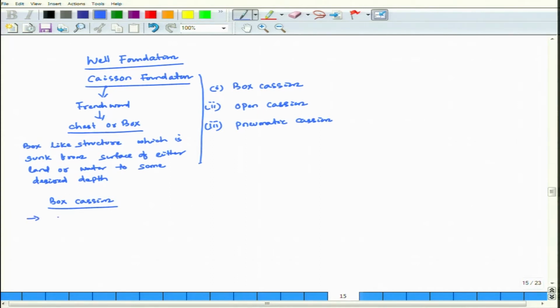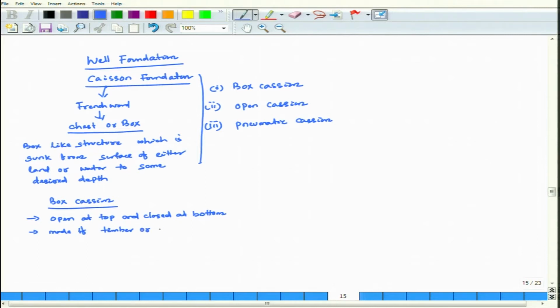Box caisson is open at top and closed at bottom, and made of timber, reinforced concrete or steel.